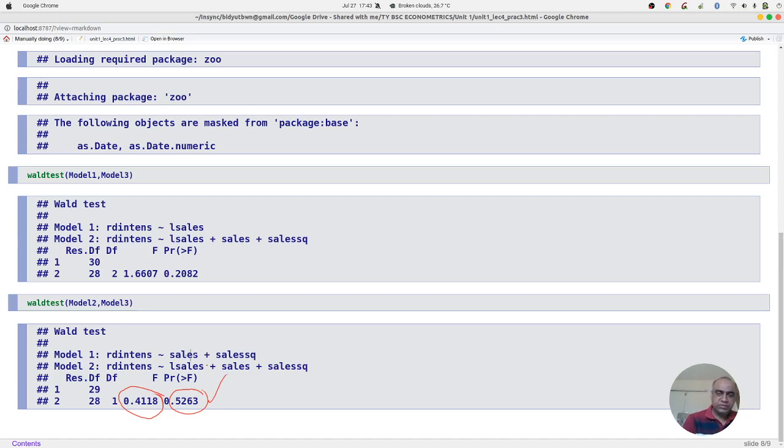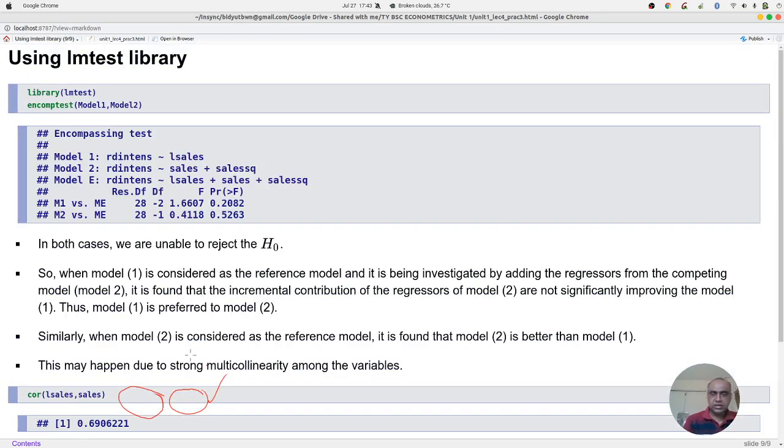Okay. Now the same results we can get using the lmtest package, and we can do that very quickly, just bypassing the estimation of model 3 or the hybrid model. So how to do it? Just load the package lmtest and then type this command, encompass test, and give model 1 and model 2.